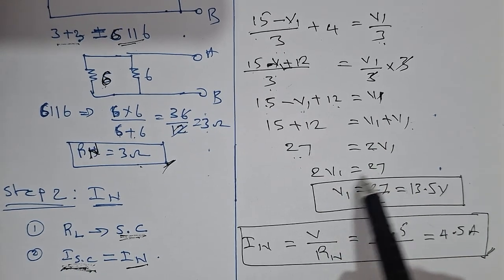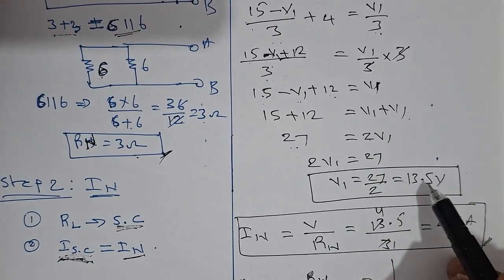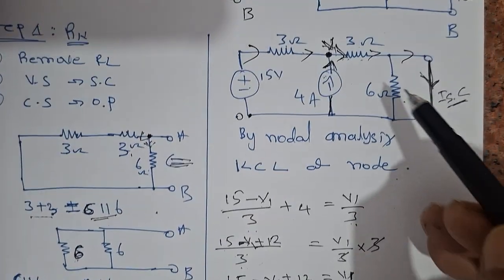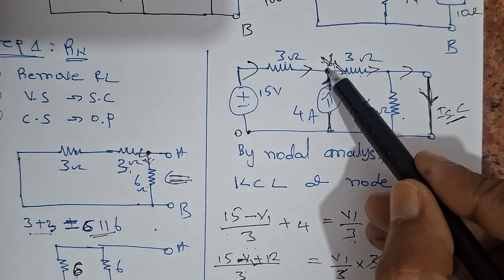So V1 is 27 by 2, which is 13.5 volts. So what we found is the voltage across this node.